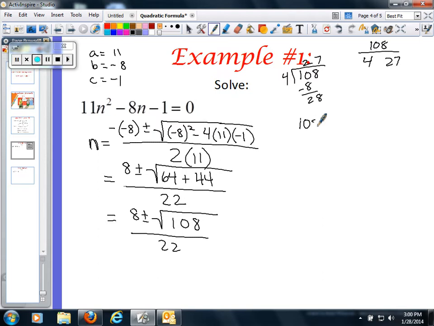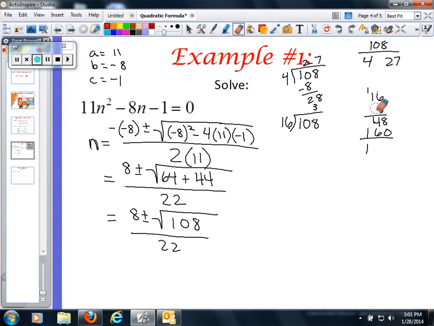Let's try 16 though. 16 goes into 108. Let's see, that would be 13 maybe? 16 times 13 is 8, carry the 1, that's 3, 4, that's 6, 1, that's 1, no, this is going to be too much.